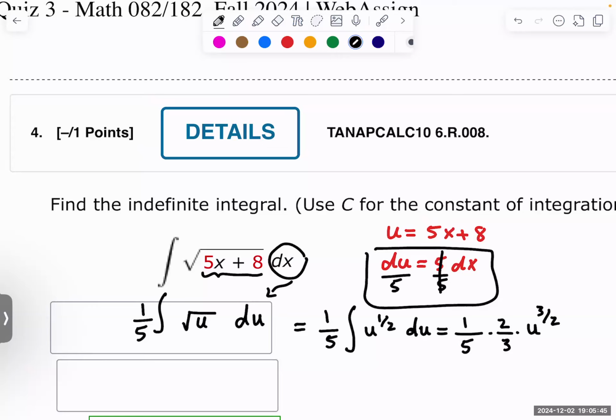When it's a fraction, instead of saying 1 over 3/2, you just say same thing as 2/3. So numerator times numerator, and don't forget plus c. Denominators times denominator. So 2/15. Instead of u, I'm gonna rewrite as its equivalent, 5x plus 8 to power 3/2 plus c.